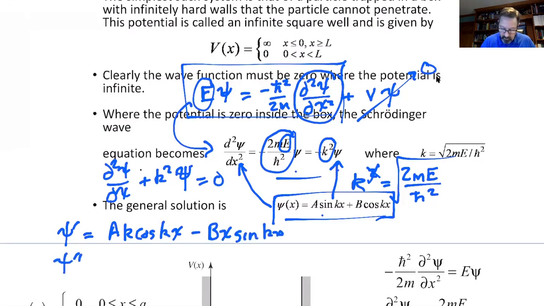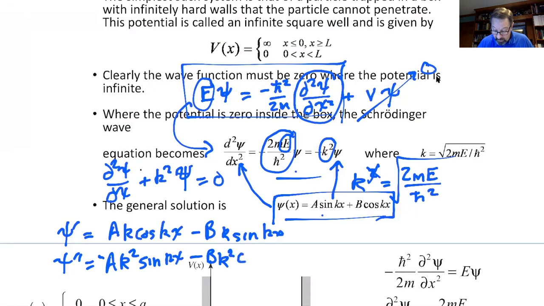And then the second derivative would be equal to minus a k squared, since the derivative of the cosine is minus the sine of kx, and then the derivative of the sine, minus b k squared, chain rule again, the derivative of the sine is plus cosine of kx. And so I've solved this side.